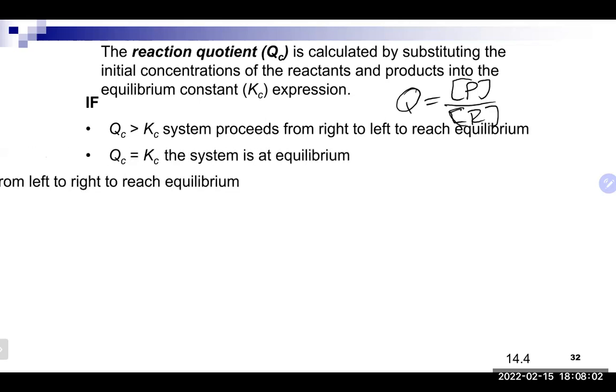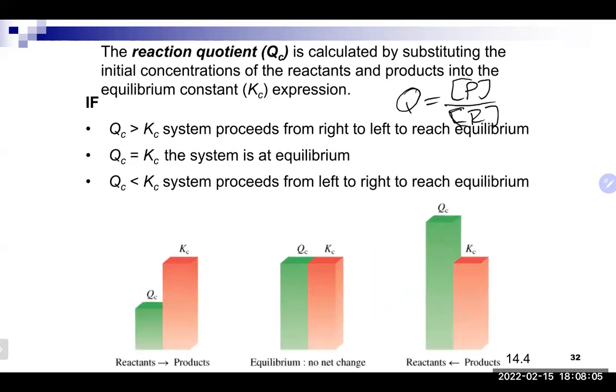So you may be saying to yourself, if it's calculated the same way, what's the deal with K? Why is it important? Well, Q is calculated to determine whether or not you are at equilibrium. You may be given concentrations of all the reactants and products, and you may want to determine, am I at equilibrium or not? It may not tell you.